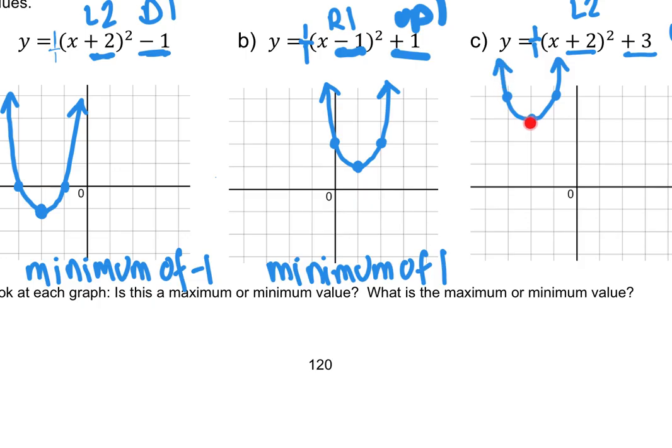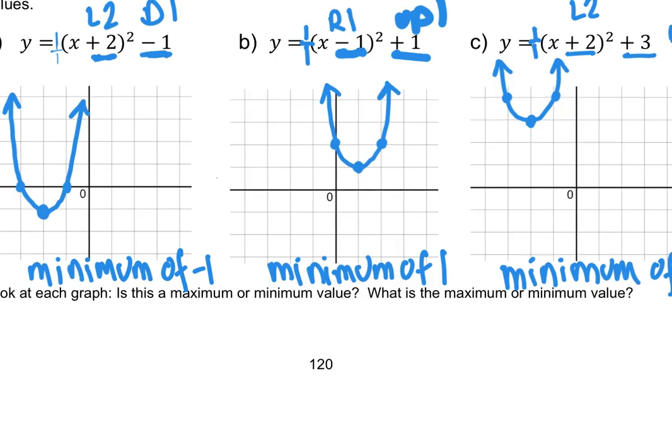Right, we have a minimum. And minimum of what? Right, minimum of 3. So it goes minimum of right here, which is at 3. So it's showing us how low it goes. Okay, next page.